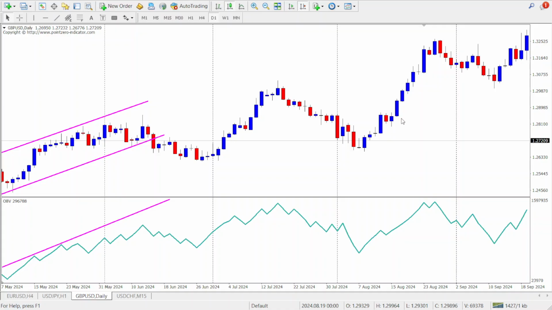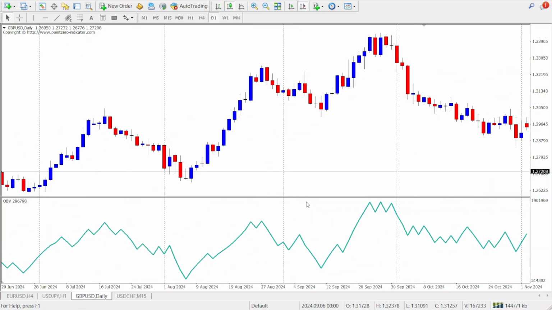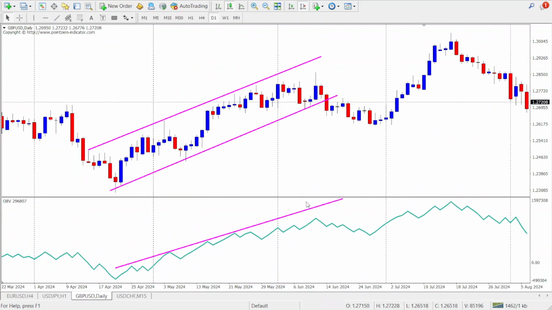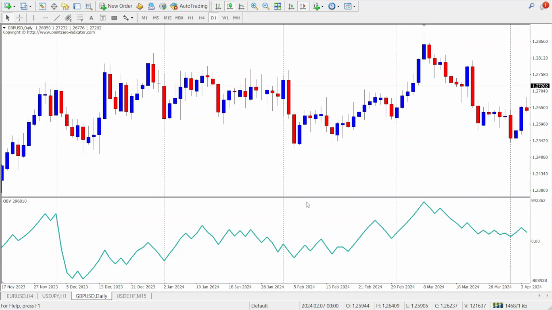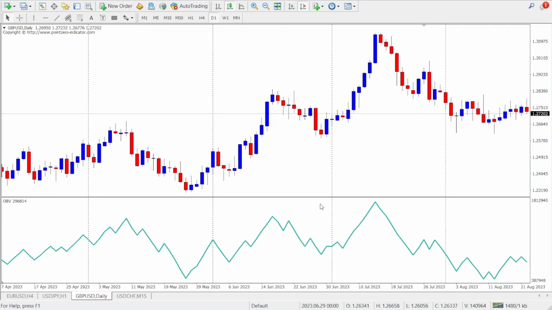But what if OBV is flat or going down while price is rising? In a situation whereby you have the OBV being flat or going down while price is rising, it is a red flag. Okay, it suggests that the move might be weak and could reverse.